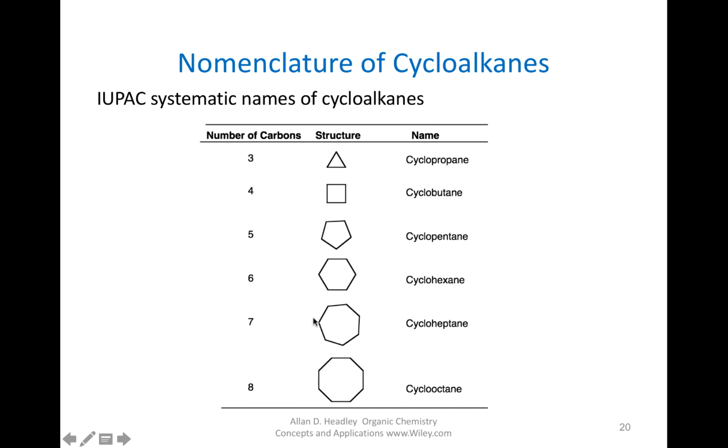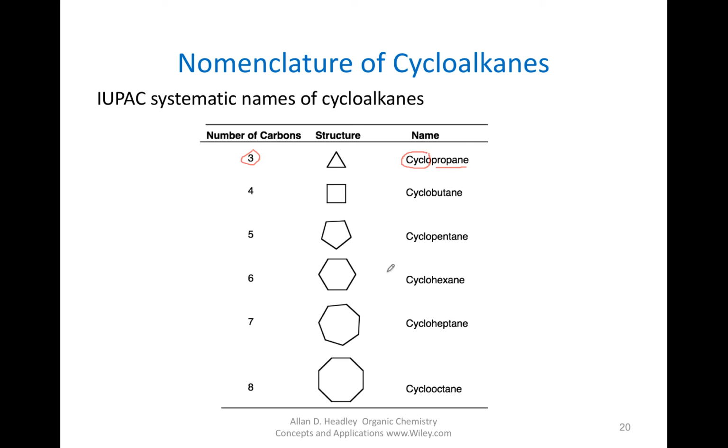Let us look here at cyclic compounds, cyclic hydrocarbons. Here is a 3-membered ring. Of course, you can't have a 2-membered ring, so the smallest cyclic compound you will have is a 3-membered ring. This is easy to remember because if it's 3 carbons, it's really a propane, but we add cyclo before it.